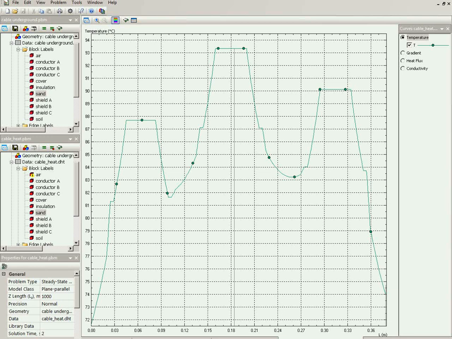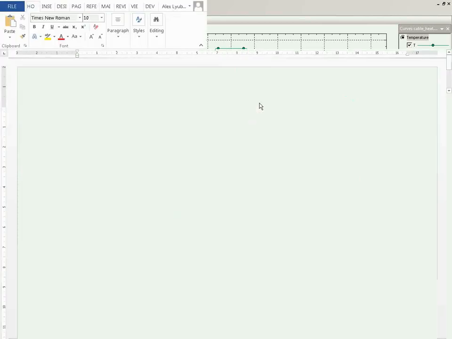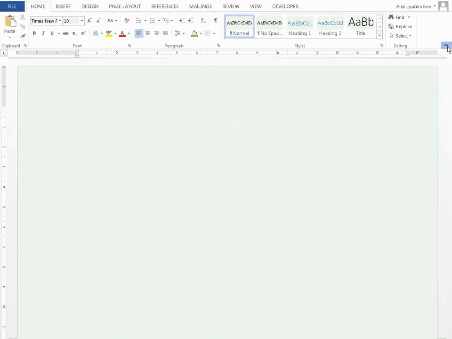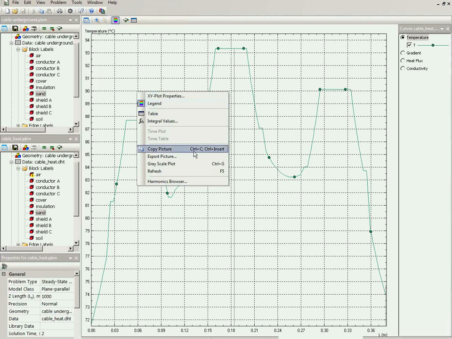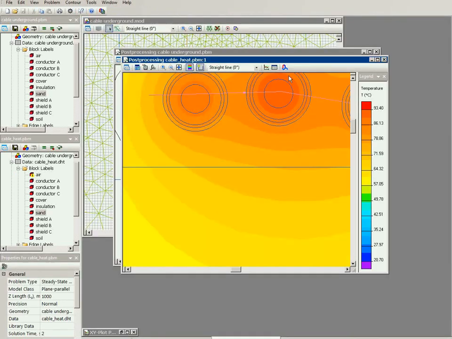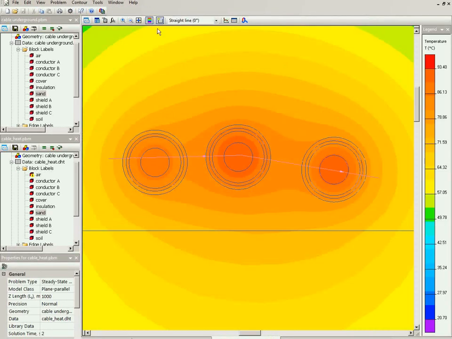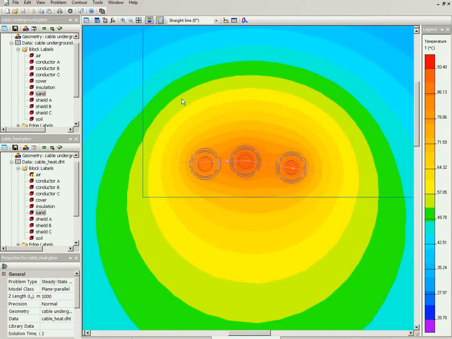Of course, all the results you get in QuickField you can copy to Office or to some other application. There is the edit copy picture.